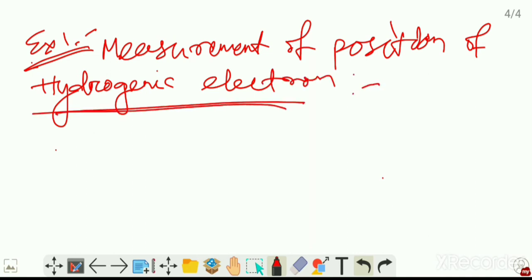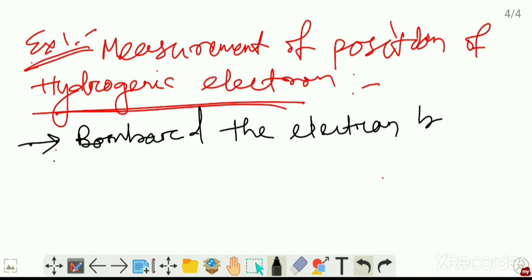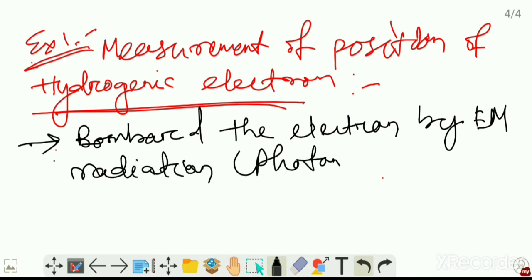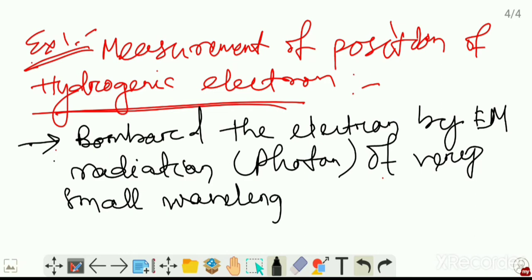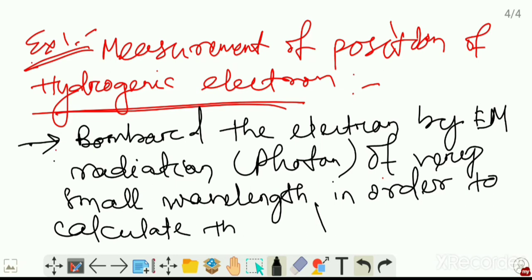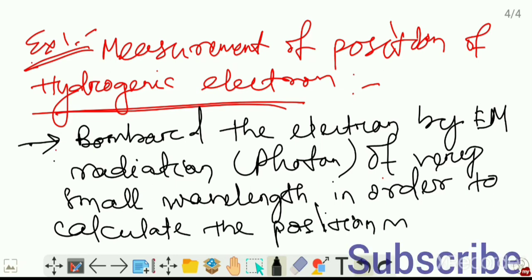In order to measure the position of the electron, we have to bombard the electron with electromagnetic radiation, that is photons of very small wavelength, in order to calculate the position very accurately.